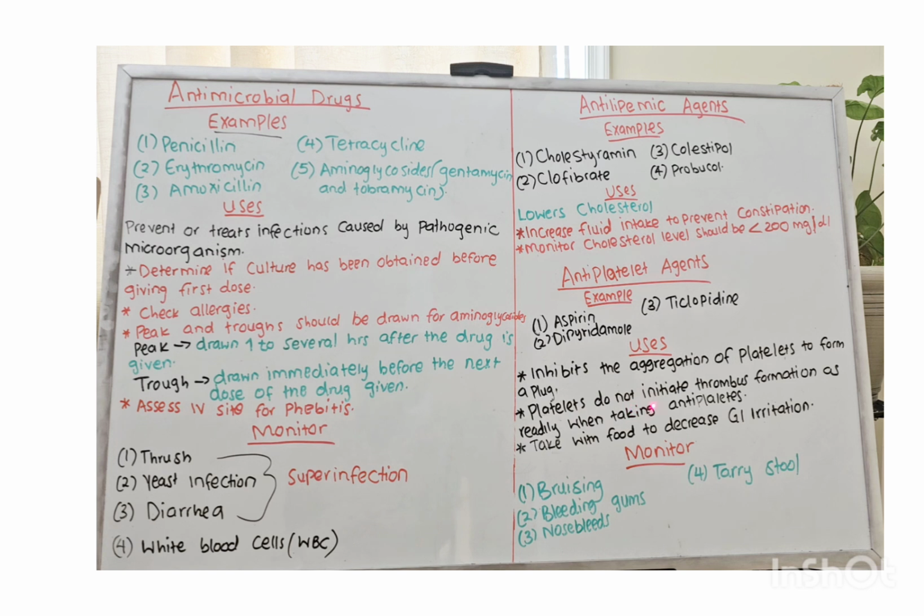Platelets do not initiate thrombus formation as readily when taking antiplatelets. Make sure you take with food to decrease GI irritation. Monitor for bruising, bleeding gums, nosebleeds, and tarry stool.